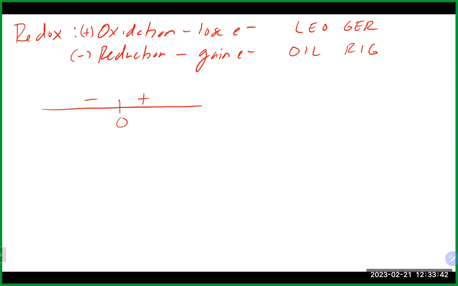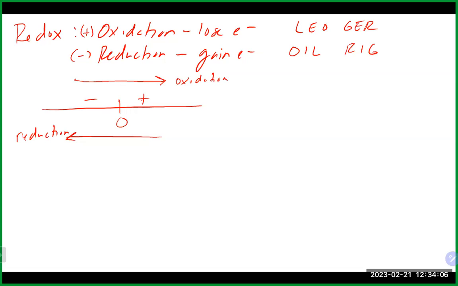And if somebody, in terms of their oxidation state or their charge, which is a little bit different, started out in one place and then ended up becoming more positive in terms of their oxidation state, that guy would go through oxidation. And if somebody went the opposite way, became more negative, they would go through reduction.